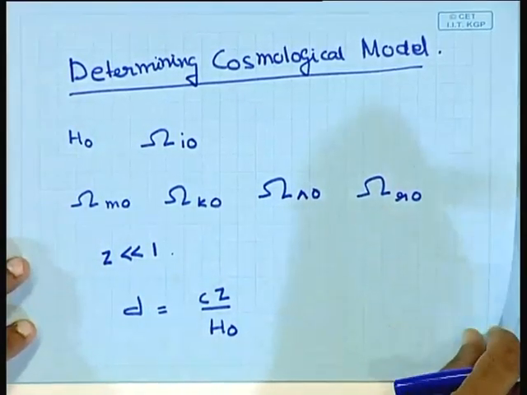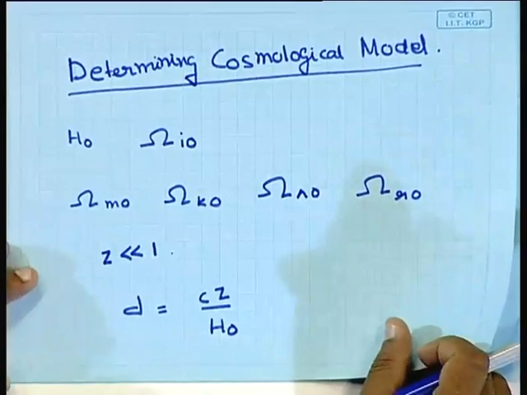Now, the question is, how will you determine the distances to distant objects? All that you can measure, let us say, is the angular diameter distance to different objects. You want to measure it, not predict it from your model.